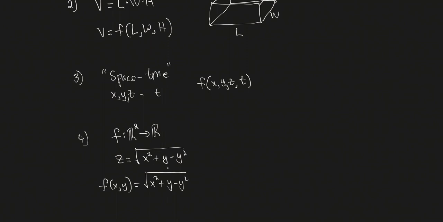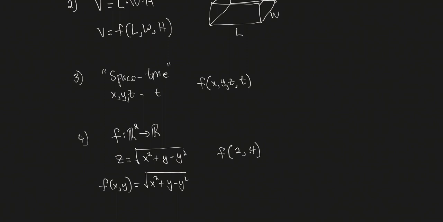And then, let's say we wanted to evaluate this function. If I wanted to do, let's say, 2 comma 4, let's see what happens if I plug in x equals 2 and y equals 4. Now, when you do something like this, we have to have a certain order in mind.